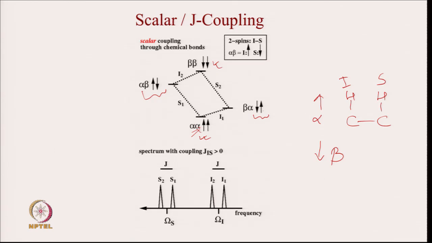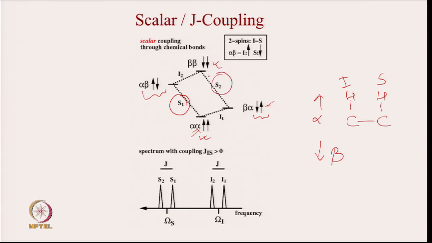S is going from alpha to beta, whereas for I the sign is the same, alpha, and that is why this is called an S1 transition. Similarly, if you look at beta alpha to beta beta, the change in sign is happening for the spin S, and that is why this is known as the S2 transition.